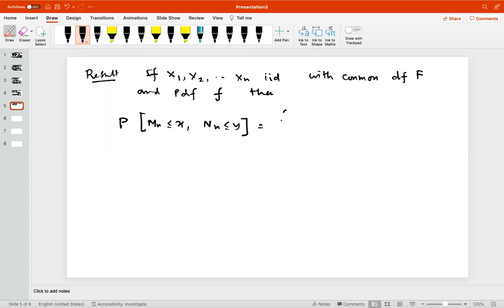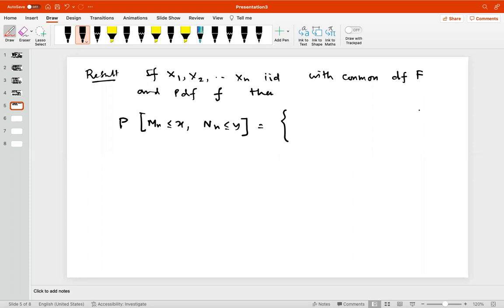What is this? The value is this: if x is greater than y, then what happens?